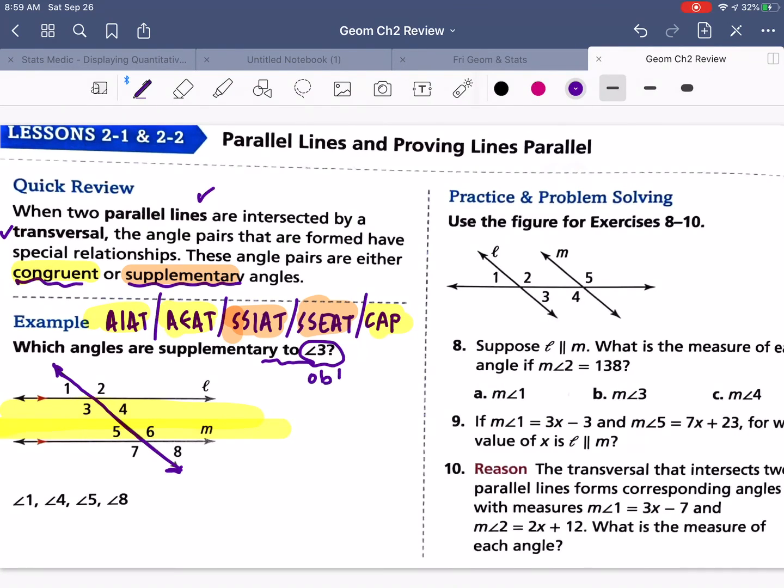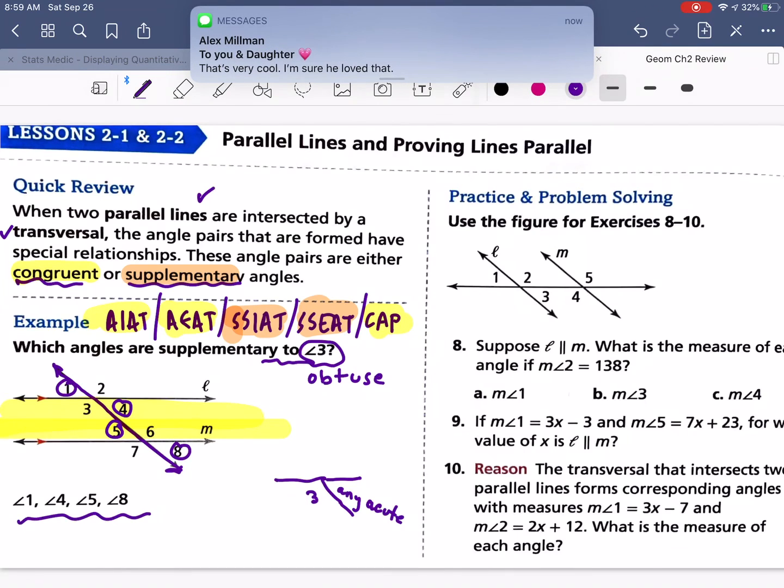We notice angle 2 is obtuse. So to be supplementary to an obtuse angle would be any acute angle that is formed by these 8. So we notice that would be 1 and 4, 5 and 8, and that's why they came to that answer there.